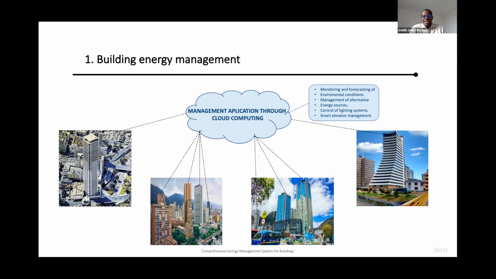The management system controls some point loads of the building, such as the lighting system and a smart elevator that are largely self-generating. Next, we will see a little more of the detail of the different lines of the management system.